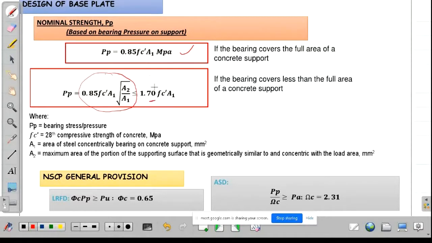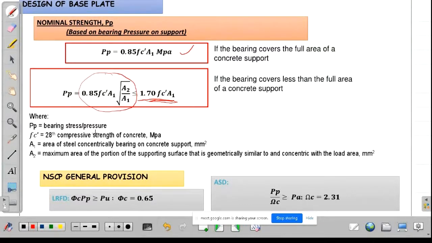Okay? So dapat hindi mag-exceed yung nakuha nating value dito sa equation with this equation. So pag nag-exceed siya, ang kukunin natin itong equation. Okay? That is based on bearing that covering less than the full area of concrete.